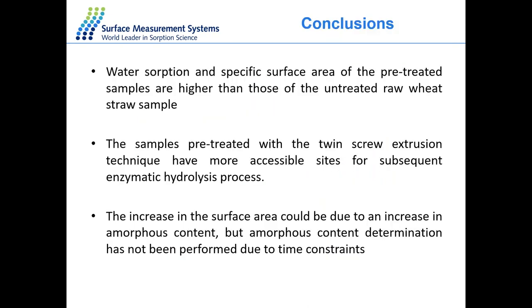So that is exactly what I wanted to show you today, a few examples of application related to the use of DVS for this type of material. A few examples that I showed you today indicate how we can study the way treatment, pre-treatment, or washing can affect the stability, but also the absorption capacity of the material, and how, for example, increasing the processing of a material can increase the amorphous content, consequentially increasing the sorption capacity of the material.